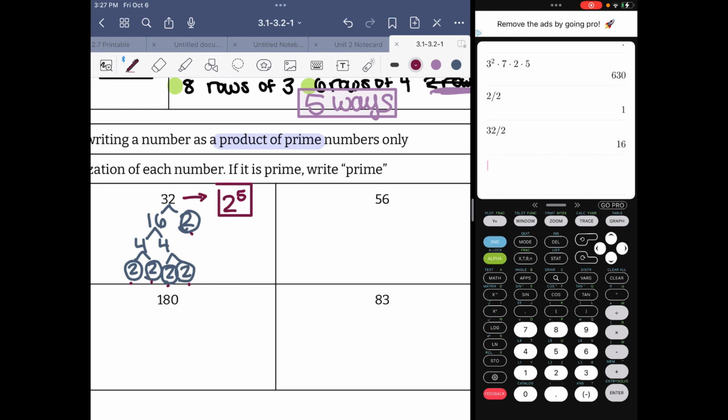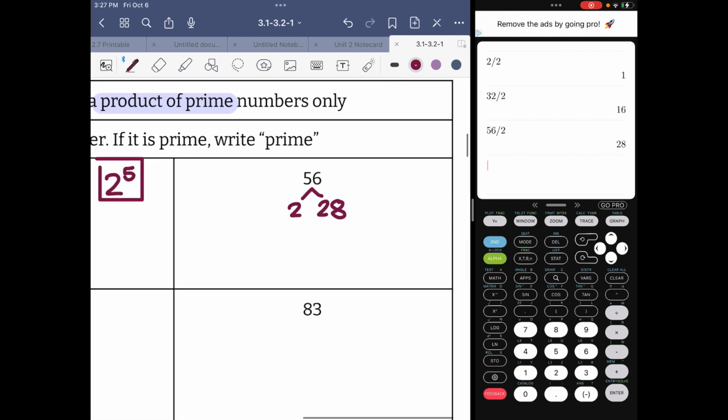Let's try 56. So 56 divided by 2 is 28. So I get 2 and 28. It doesn't matter what numbers you start with as long as they multiply to the top number. Then 28 is 4 times 7. And nothing else goes into 7, so I'm going to circle it.